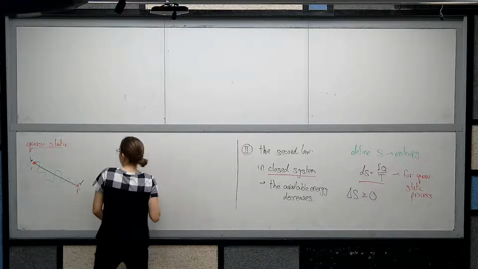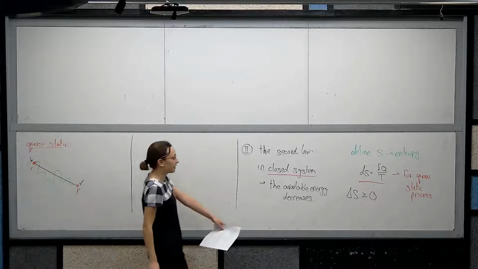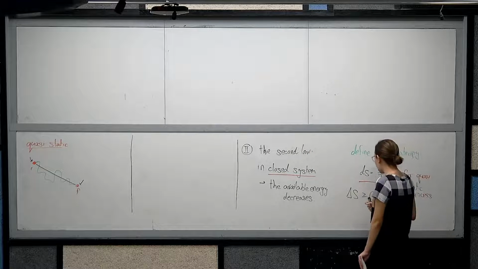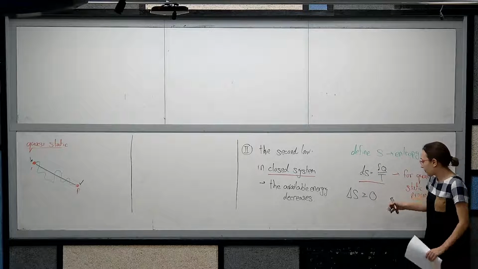Okay, so if we go back to the second law of thermodynamics, we defined the entropy, we defined the quasi-static process, and this is the mathematical second law.